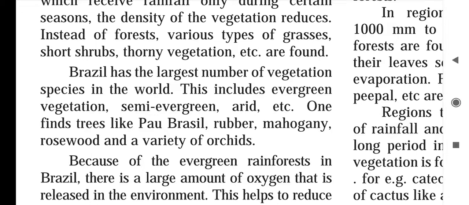This includes evergreen vegetation, semi-evergreen, arid, etc. One finds trees like pau brasil, rubber, mahogany, rosewood, and a variety of orchids. So these tree species we can find in the forest region of Brazil.